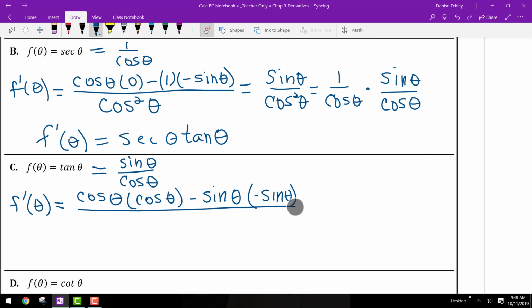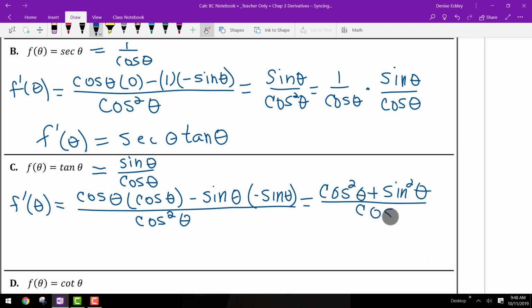And this is all over the denominator squared. So simplifying this, we get cosine squared theta plus sine squared theta over cosine squared theta.